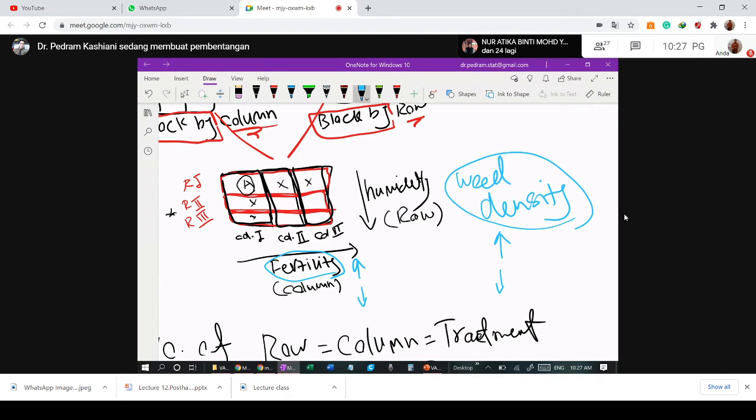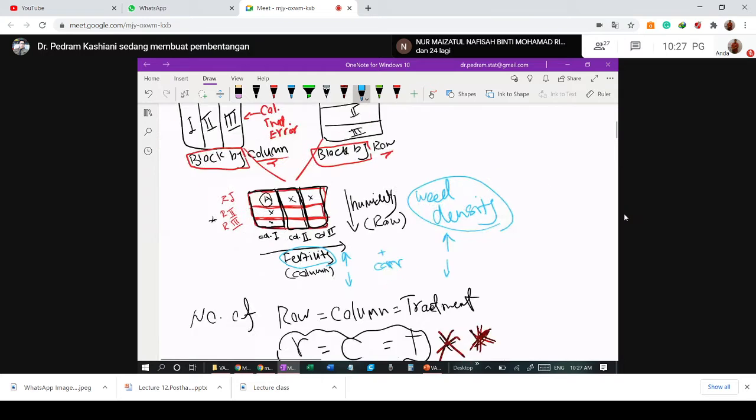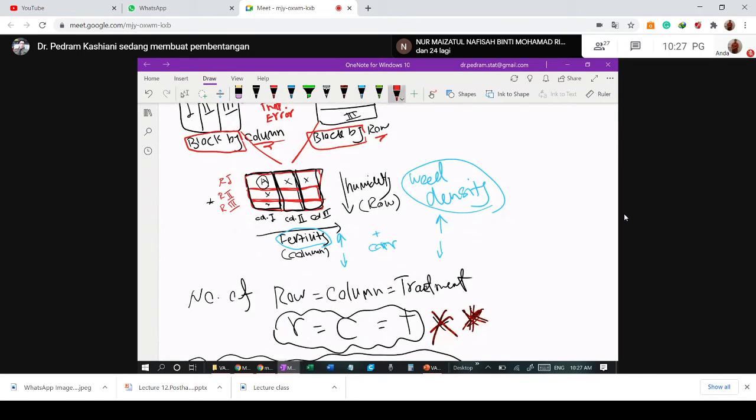This we call positive correlation. What is negative correlation? Fertility goes up, then this one goes down. Fertility goes down, this one goes up.